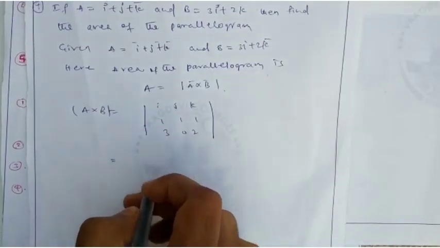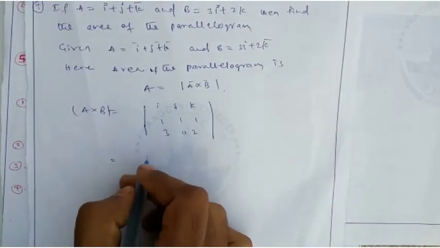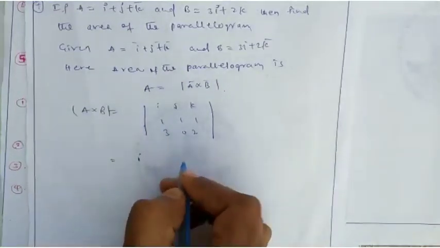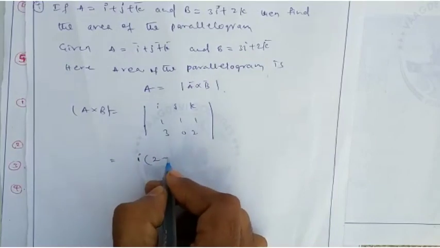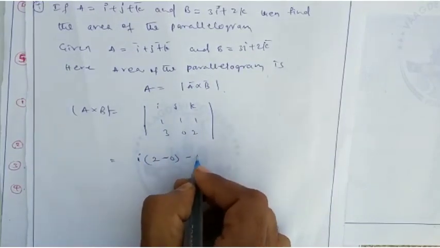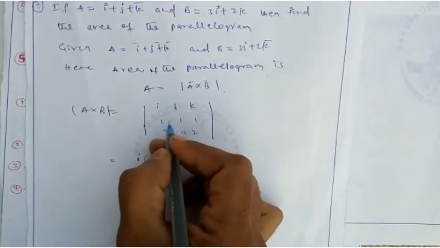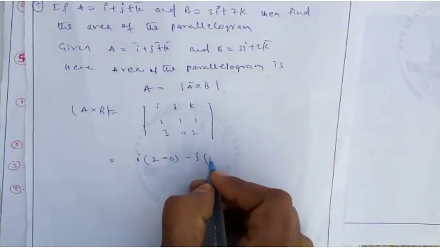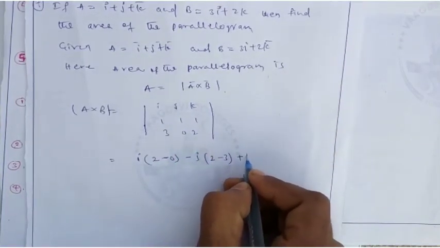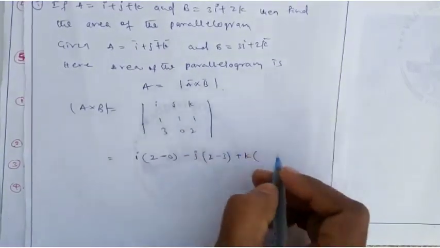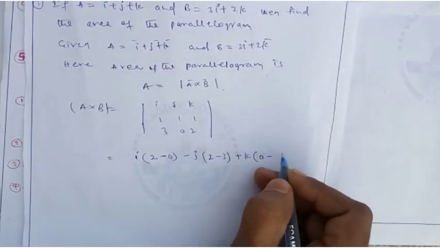That is i into (1 into 2 minus 0 into 1), minus j into (1 into 2 minus 3), plus k into (1 into 0 minus 3 into 1).